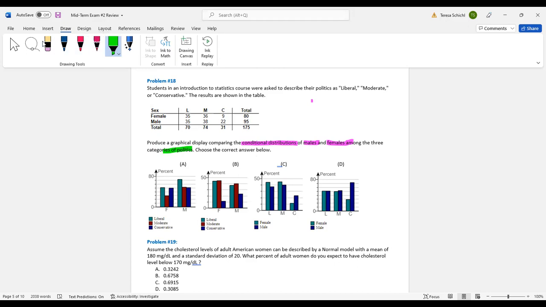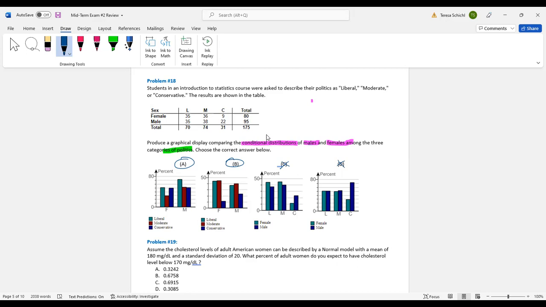So if you look here, I know my conditional variable would be the male and the female. So it will be either A or B here. It will not be C and it will not be D, because I want to see, conditional on the male and the female, the political views.